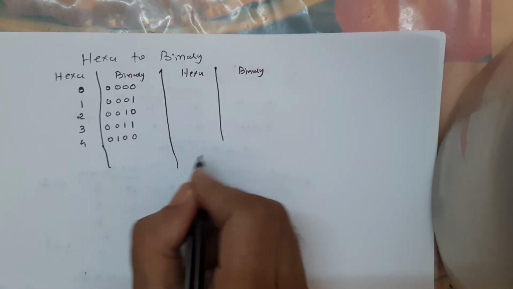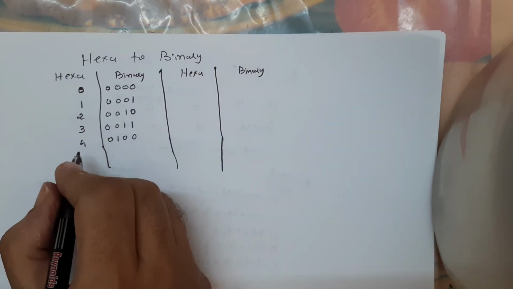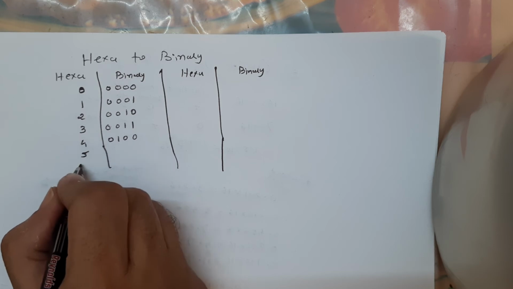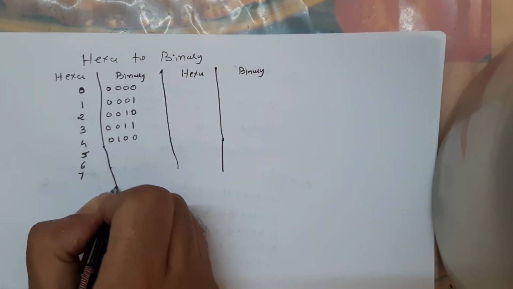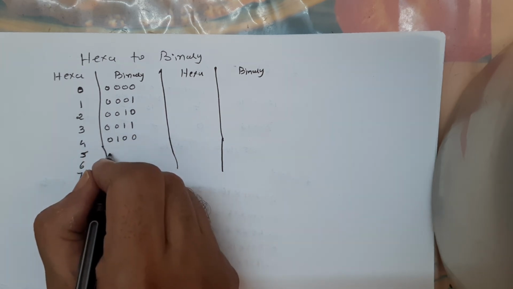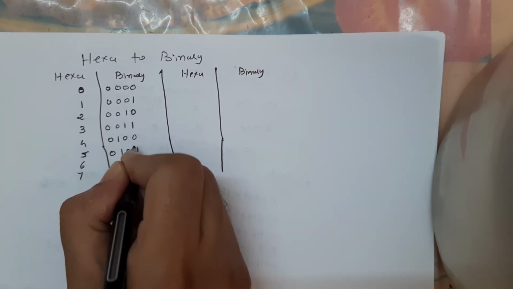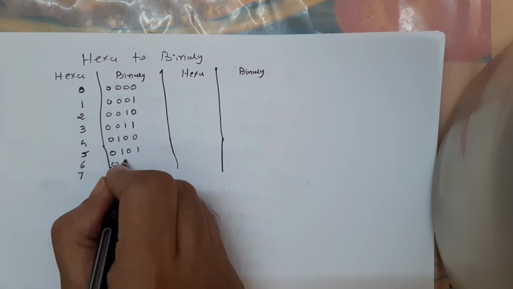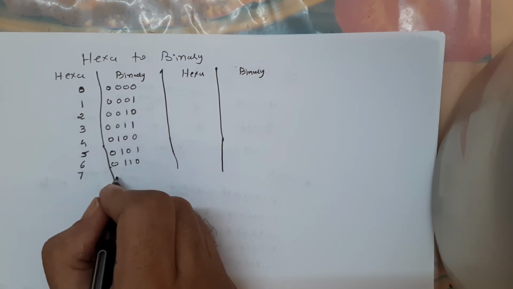Like this, 5, 6, 7. The numbers are 0, 1, 0, 1, 0, 1, 1, 0, 0, 1, 1, 1.